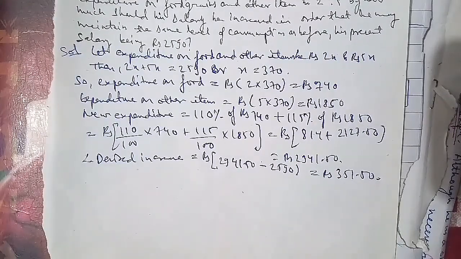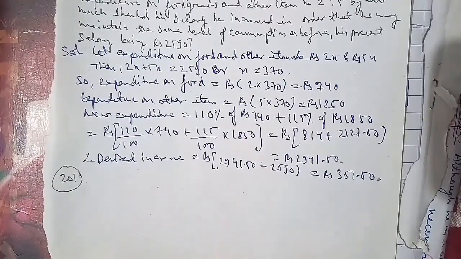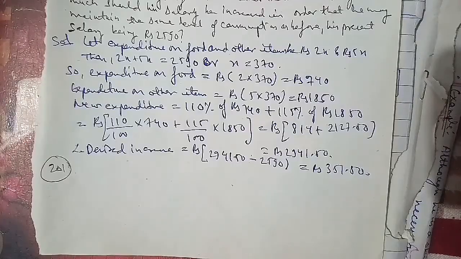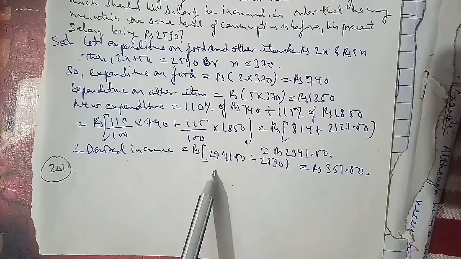The 201st question of the session. The question we have here is that a district has 64,000 inhabitants.